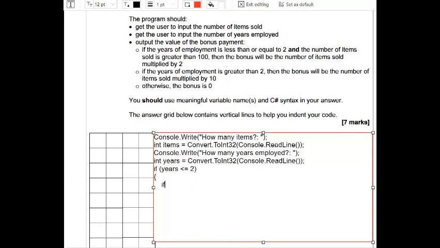Then we're going to have if items is over 100, then we're going to have console.WriteLine, which is going to say items times 2.